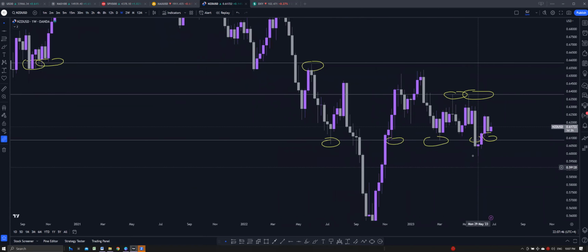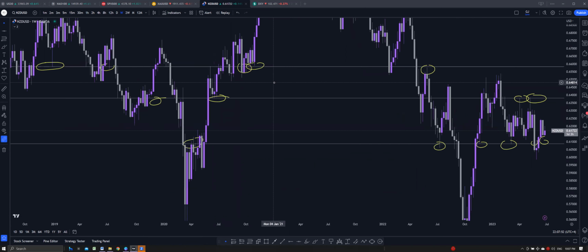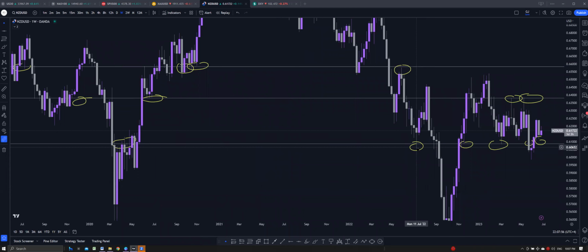Some traders would look at even finding support and resistance inside these areas as well. I mean, it is valid, you could, but me personally, I like to look at areas of high aggressive buying and selling pressure, and those are only signified by the big wicks, right? So for example, let's see.